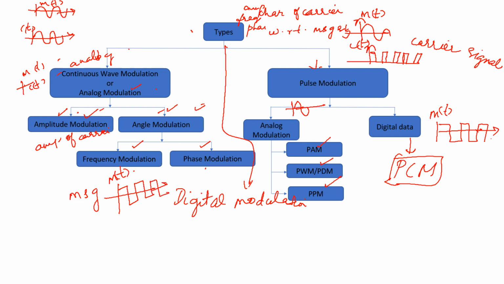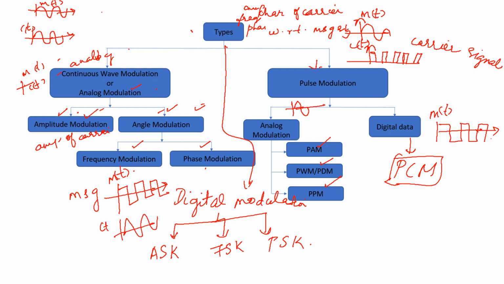The three classifications are the keying methods: amplitude shift keying, frequency shift keying, and phase shift keying. Your message signal will be digital, but your carrier signal will be analog in nature. These are the main classifications of the different modulation techniques.